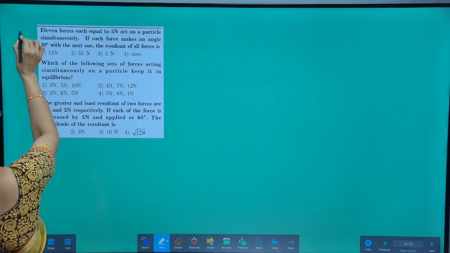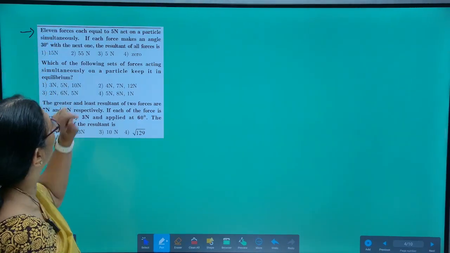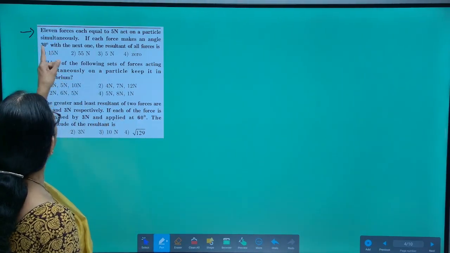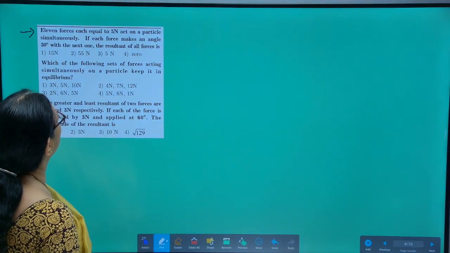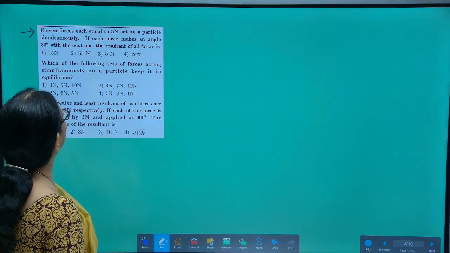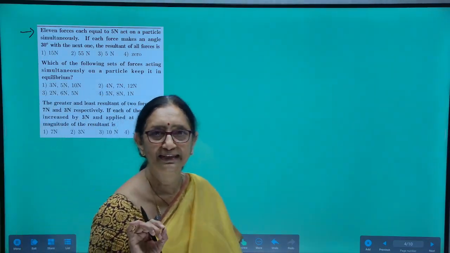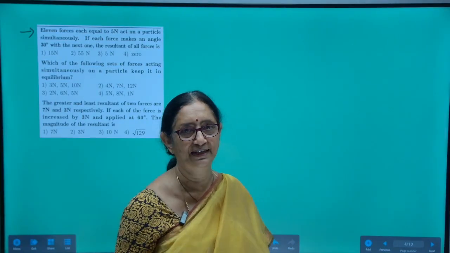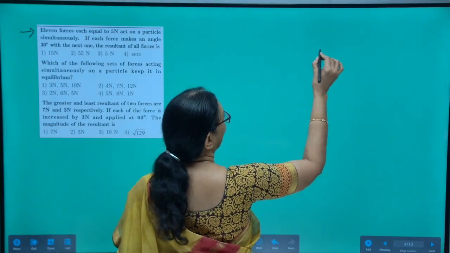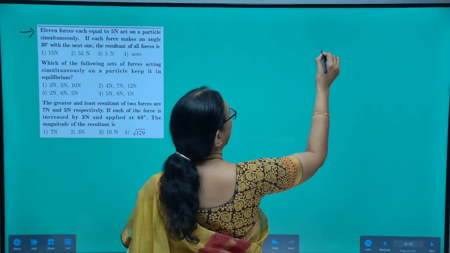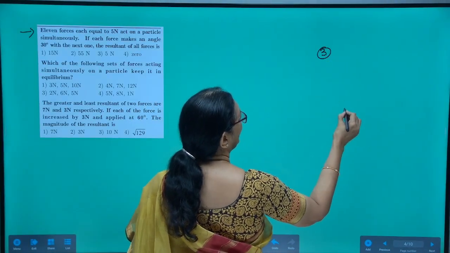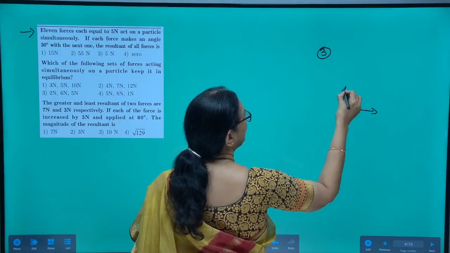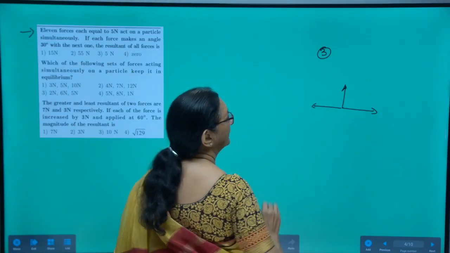11 forces, each equal to 5 Newton, act on a particle simultaneously. Each force makes an angle of 30 degrees with the next one. Instead of going to 11 all of a sudden, let us start with this concept. Suppose there are 3 forces, this is 1, this is 1, this is 1.